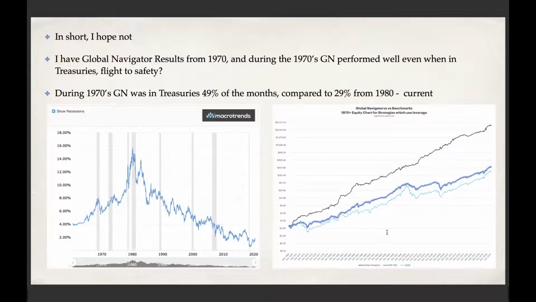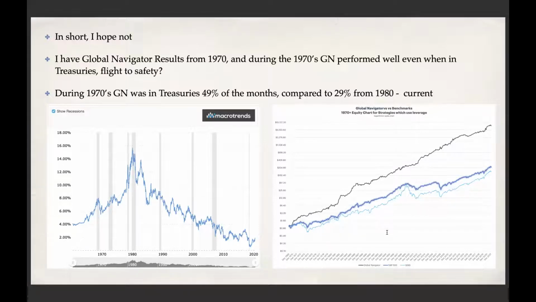And if you look at the equity chart on the right, the light blue line is the NASDAQ 100, the thick blue line is the S&P, and the dark line is Global Navigator. You can see the first inch or so of that left side of that black line. It did very well in the 1970s.